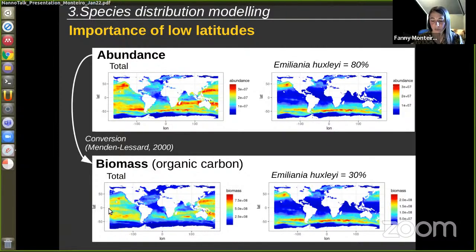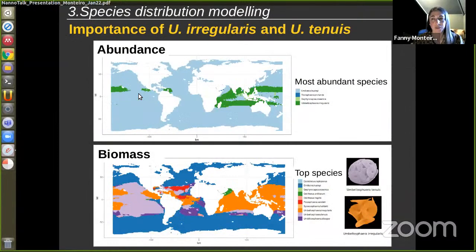So low latitudes are very important for coccolithophores, a picture that you don't see as much in the abundance data. So there must be other species. Now I'm showing you the top species for abundance and biomass. For the abundance, you see Emiliania huxleyi in light blue dominating everywhere, at 80%.